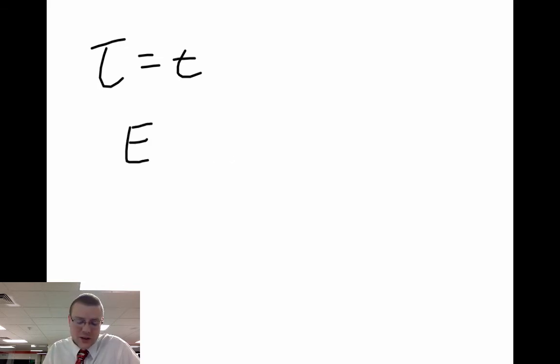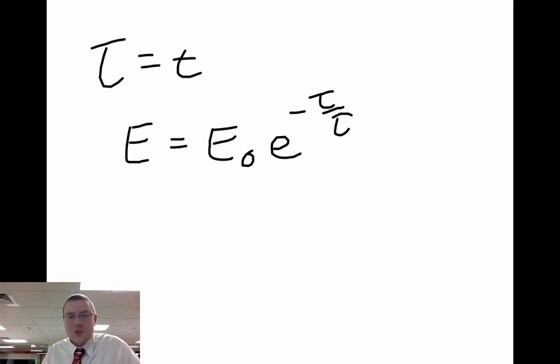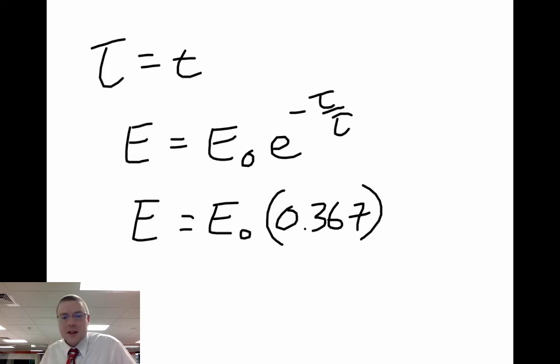Well, in terms of energy, energy gives us e to the negative t over tau, so that's tau over tau, meaning we get e to the negative 1. If I want e to the negative 1, you get about 0.367. What does that mean? Well, if my time constant was 3 seconds, at 3 seconds, I've lost 63% of my energy. I only have 36.7% of my energy left.